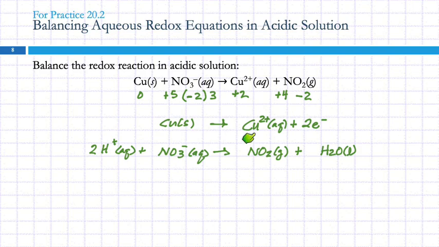And so this ends up telling me that the copper loses 2 electrons and becomes copper 2+ ion. That's the oxidation. This is the reduction. We're going to be looking at electrons being gained. And so the oxygen did not get oxidized or reduced. It's still -2. But nitrogen went from +5 to +4, right? It gained 1 electron.